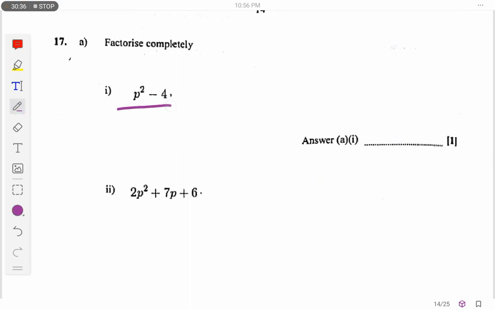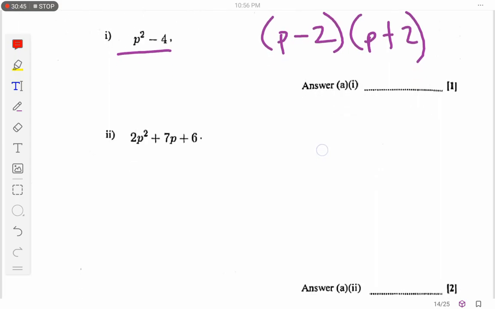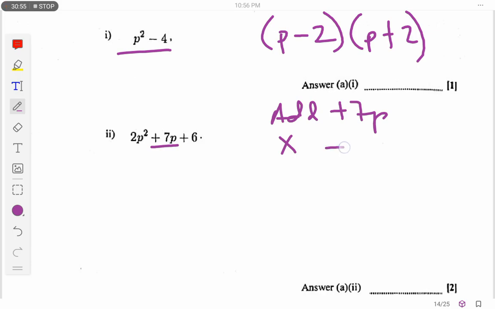Factorize completely. This is a perfect square, so we can simply say p minus 2 and p plus 2. Then the next one, I want numbers that when I add, I get plus 7p, and when I multiply, I get plus 12p squared. So you find out those numbers are 4 and 3.